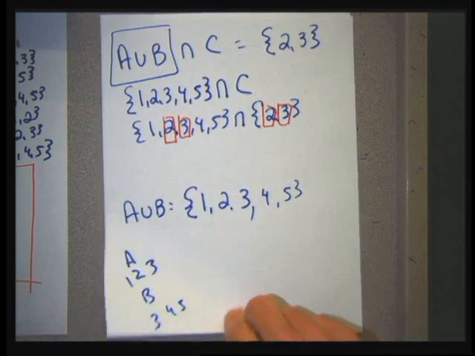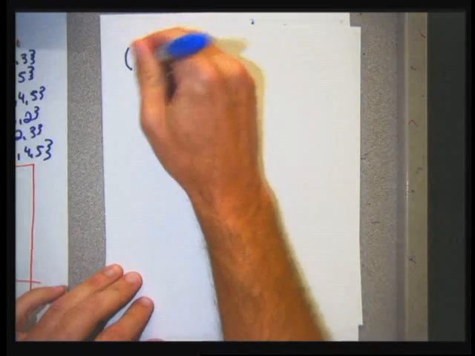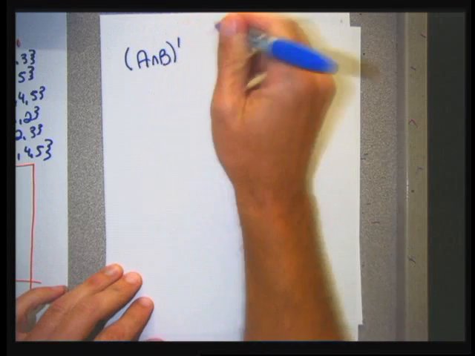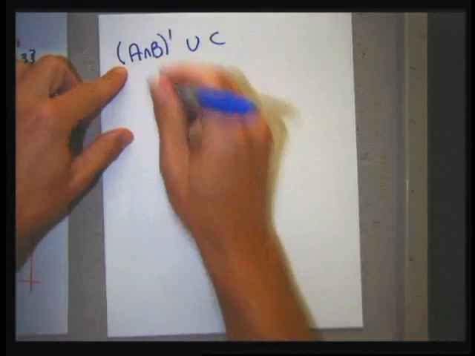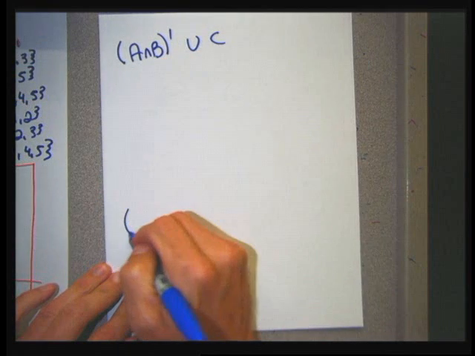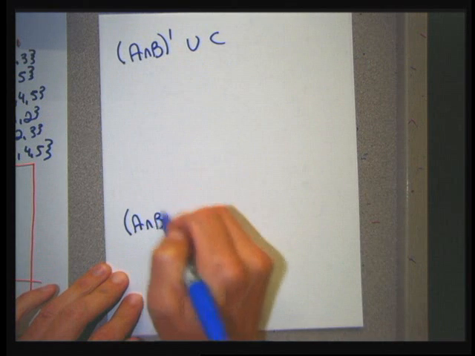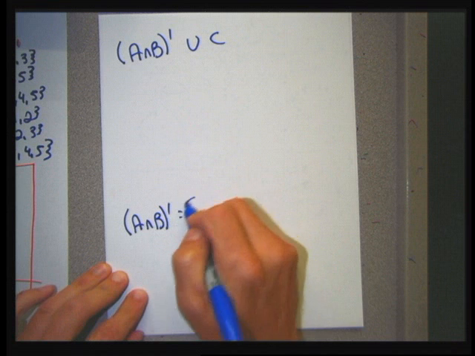The next thing that I'm faced with is A intersection B complement union C. So first I'm going to do A intersection B complement. I'll do this down here. I'll start with A intersection B and do the complement.